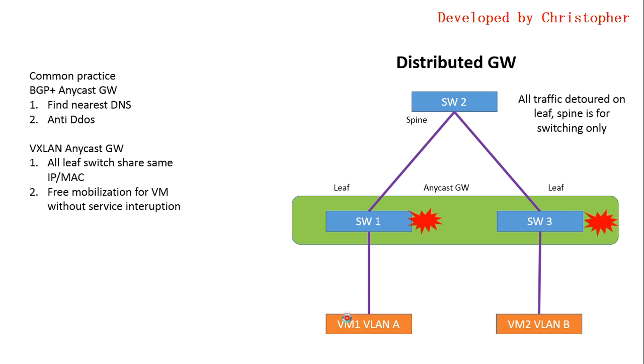When virtual machine 1 jumps to another subnet under SW3, SW1 will not sense the change of the gateway. VM1 will not sense the change of the gateway. VM1 still feels that the gateway is the same, because the gateways share the same IP and MAC address.